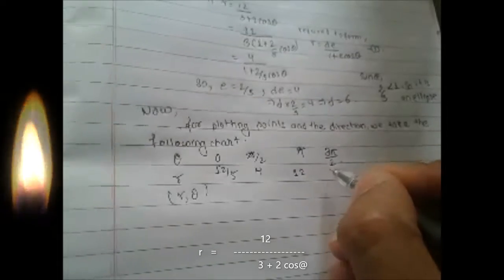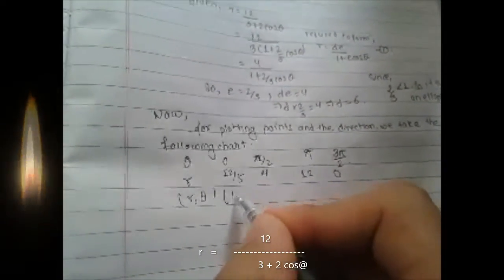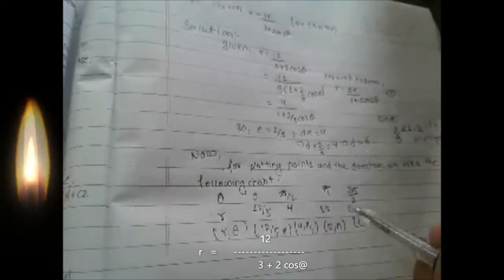At 3 pi by 2, cos 270 is 0, so 12 by 3 is 4. So the points are 12 by 5 comma 0, 4 comma pi by 2, 12 comma pi, and 4 comma 3 pi by 2.